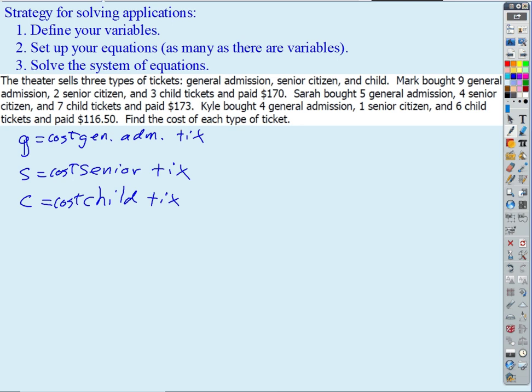So the equations typically, and before I move on, where do we typically look to find what the variables are? There's almost a cheat when you're doing word problems. Where do you look to find out what the variables or the unknowns are? Yeah, the question, right? Find the cost of each type of ticket. So whatever you're trying to do, that's what makes this an algebra question, is you gotta find something that's not known.